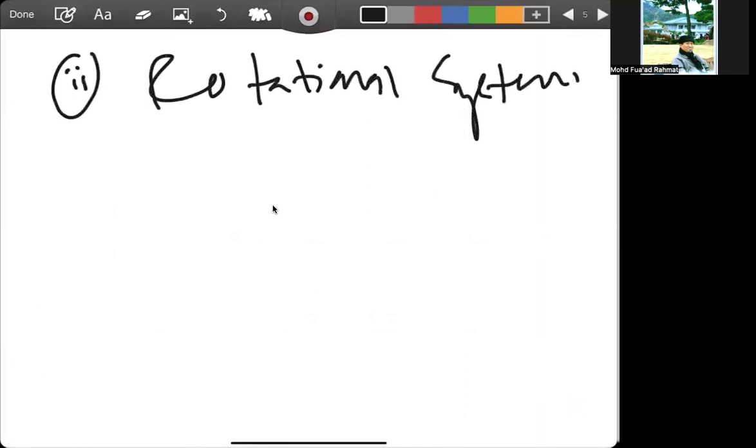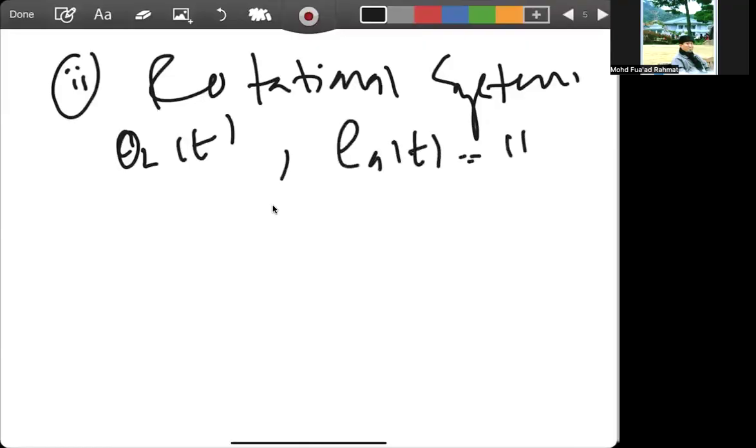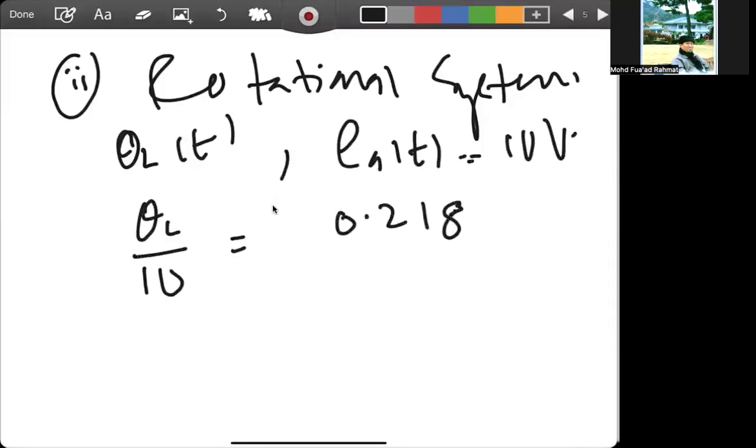Where you are given theta L, the angular rotation of the load. Input voltage is EA, 10 volt. Degree of rotation at the load is at 5 seconds. For theta L, the 10, 0.218 from the previous derivations.